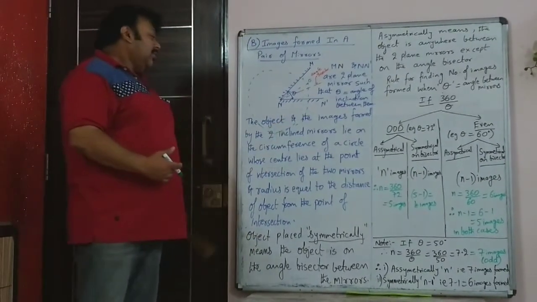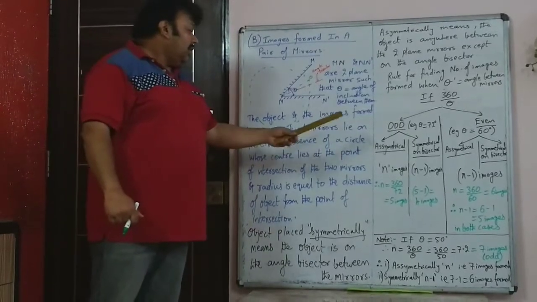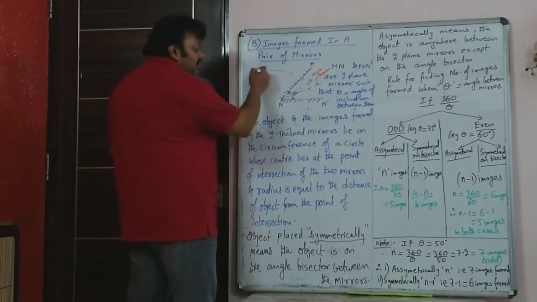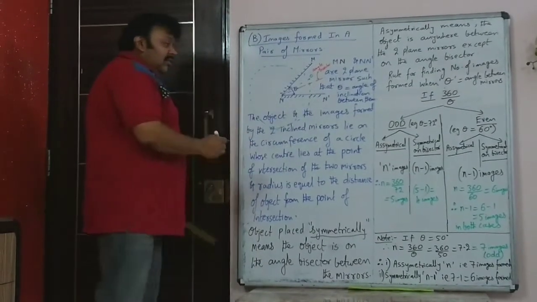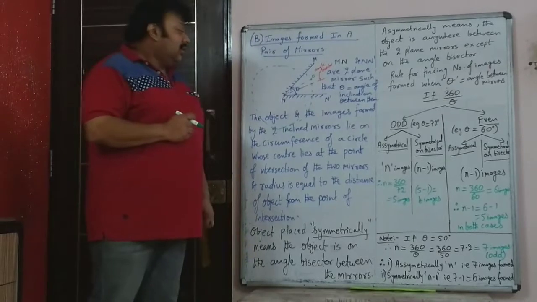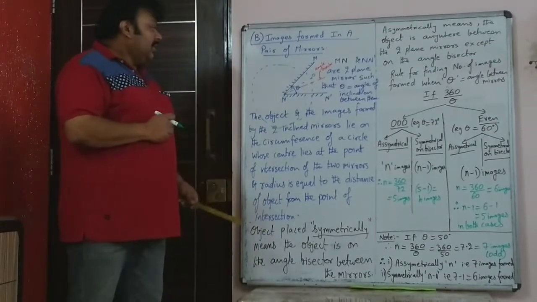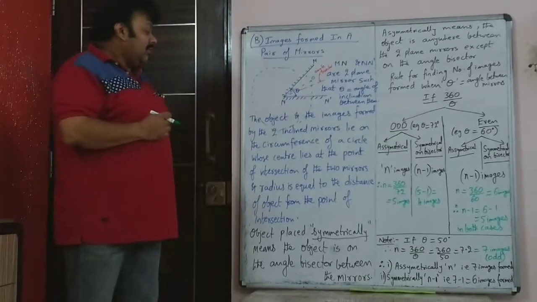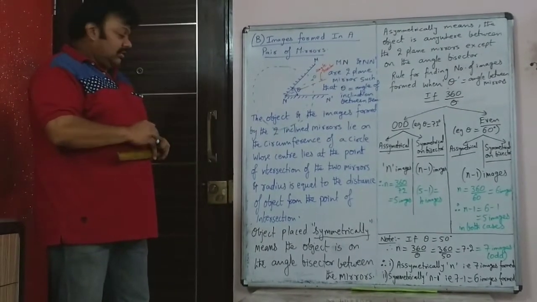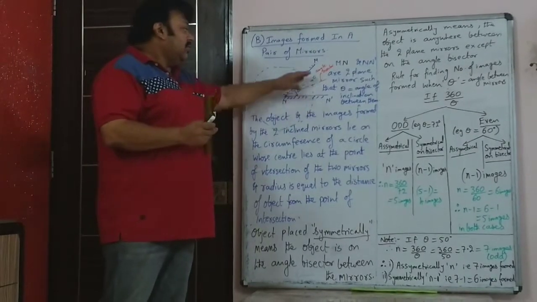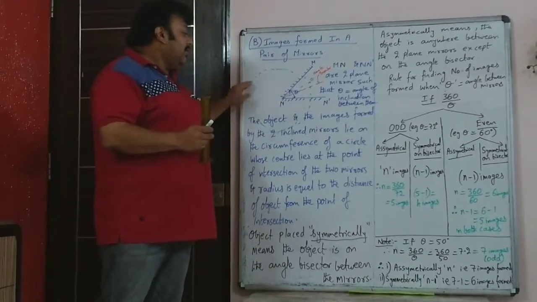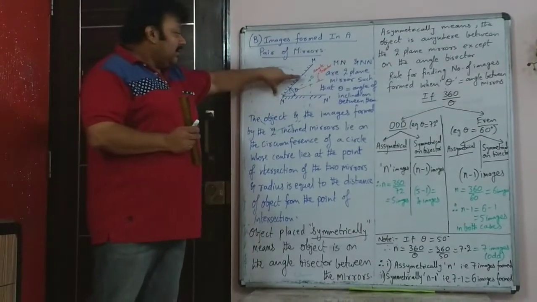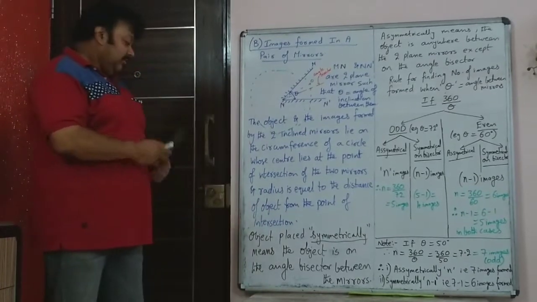So the object and the images formed by two inclined mirrors lie on the circumference of the circle, with the point of intersection as the center of that circle, and the distance from the point of intersection of the two mirrors to the object being the radius of that circle. So that is one thing you have to note, that the object and the images will lie on this circumference of the circle with N as center and ON as the radius.